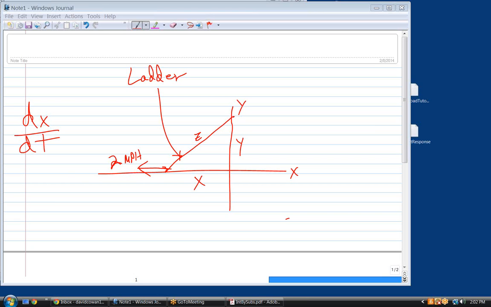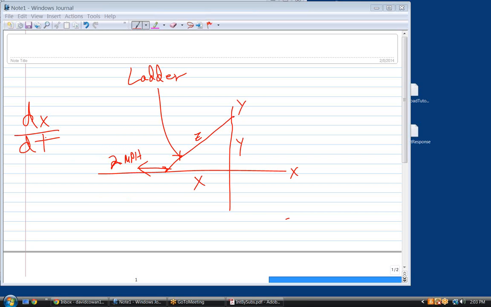Where I had difficulties that day was presuming that because the ladder was being pulled to the left, dx dt was negative. And that's where I was wrong.